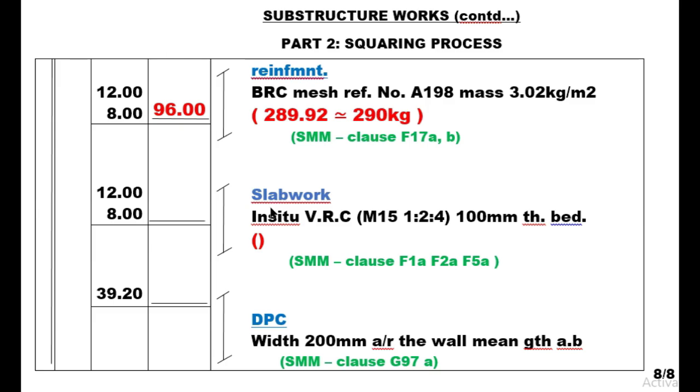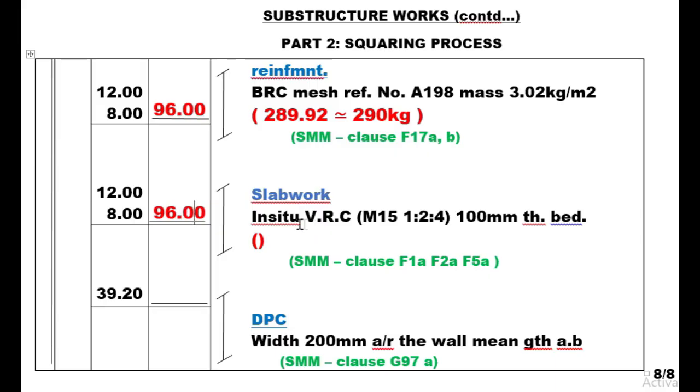The 17th item will be slab work, and the explanation will be in situ vibrated reinforced concrete, and this is the class, this is the ratio, and it is a 100 millimeters thick bed. So to square this, I simply multiply the length and width, which gives 96.00.